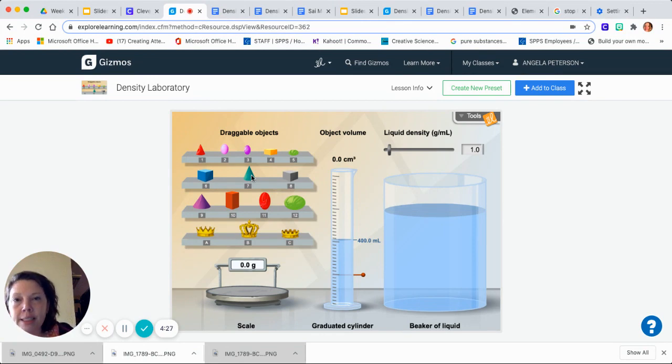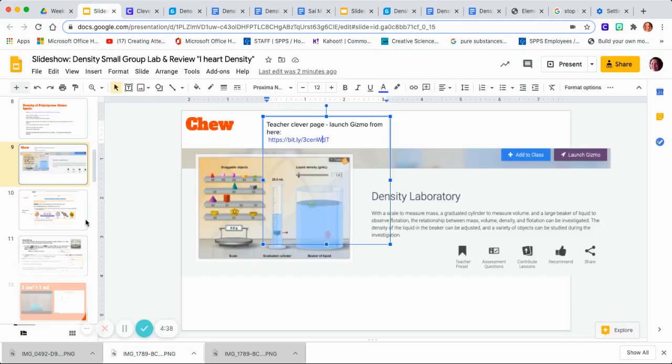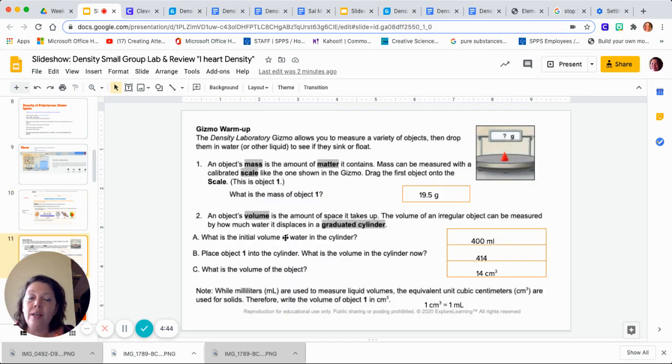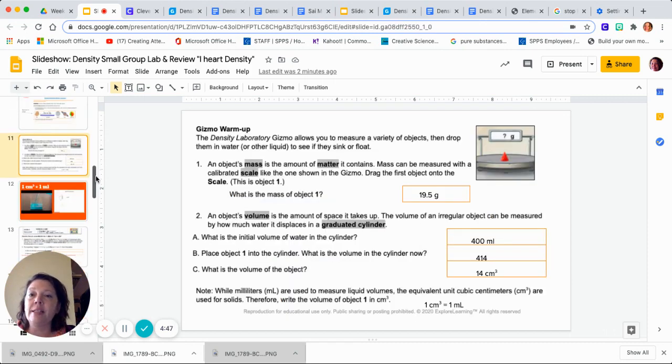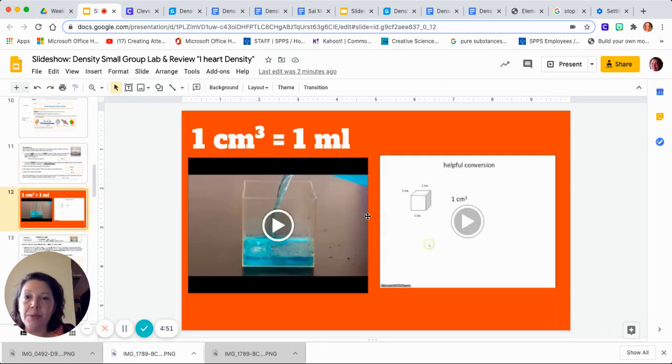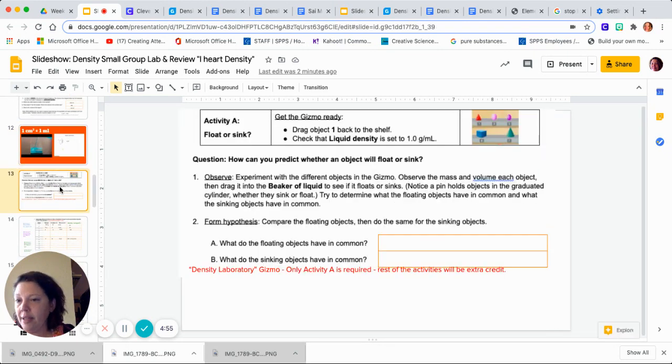And you are going to then go to the page that you have in Schoology, which would be the density laboratory gizmo. And so if you have that page open, it looks very much like this. The density exploration, density laboratory, or this one right here, which is the gizmo warm-up. And then also brings you through an explanation of volume if you needed a little bit of help with that. Now you can go through that on your own.